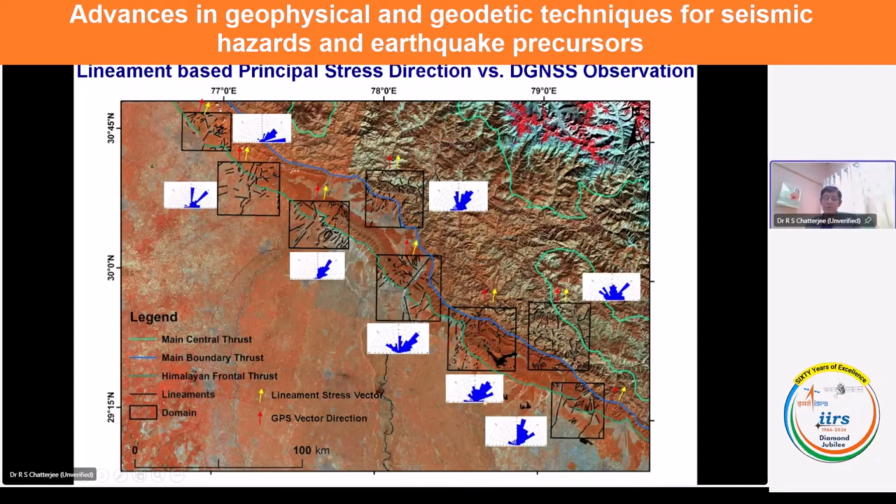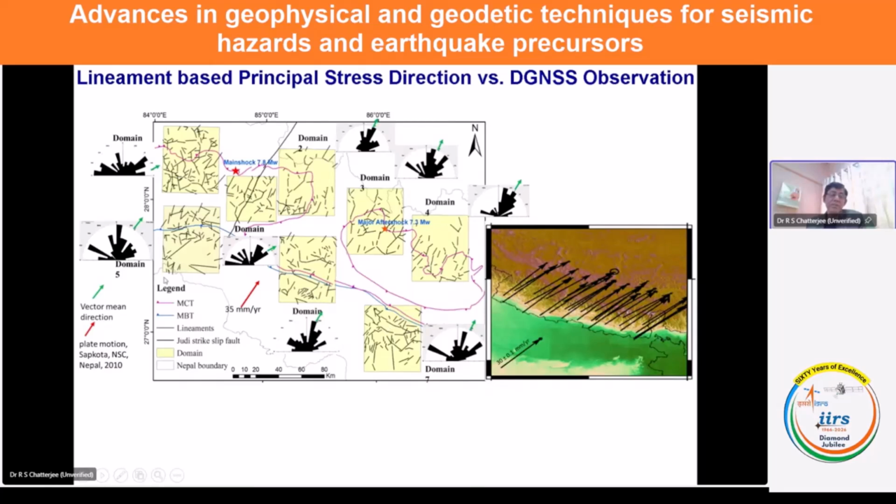First we identified the lineament orientation, then we identified on average the discontinuity plane orientation, and then finally depending on sigma 1, sigma 2, sigma 3, we interpret with respect to the geometry of the fault, and this is the principal stress direction we have derived. That we have compared with the plate motion we observe from the GPS observations. So these two things are compared.